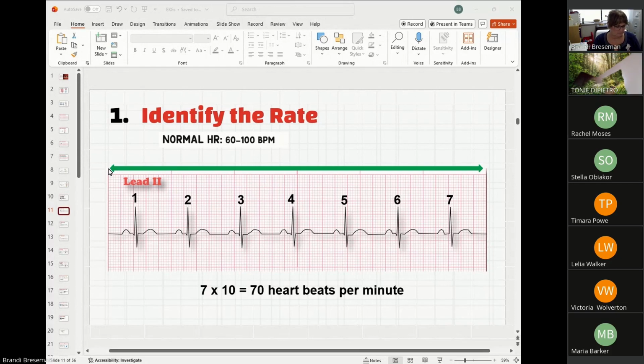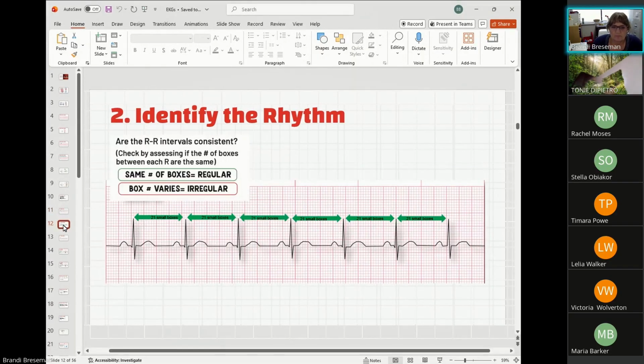Okay. When I'm looking at the rhythm, it's asking, do I have roughly the same amount of space in between each QRS complex?